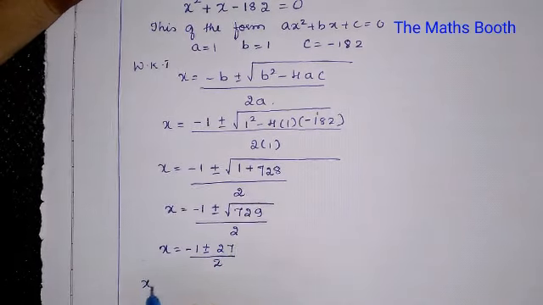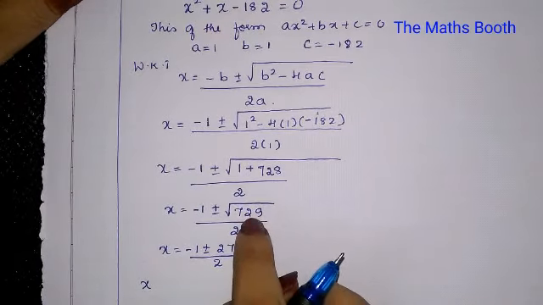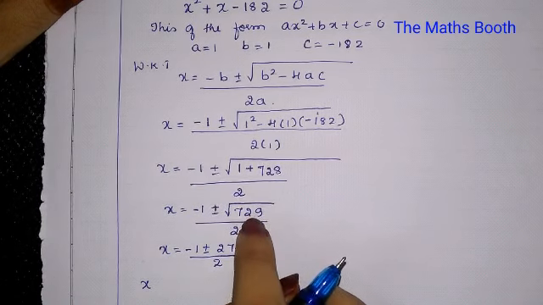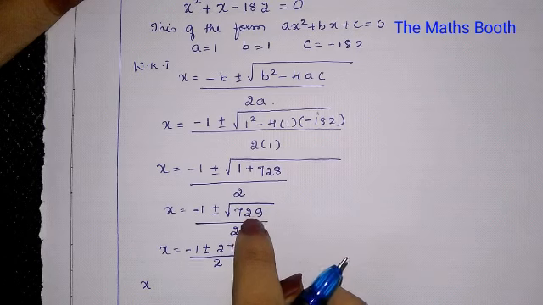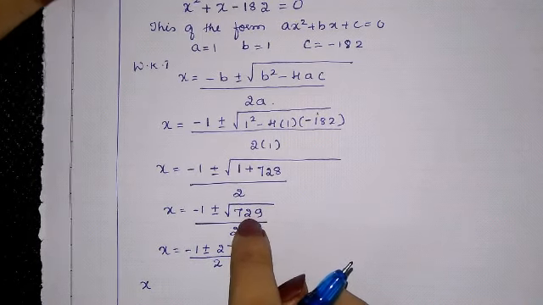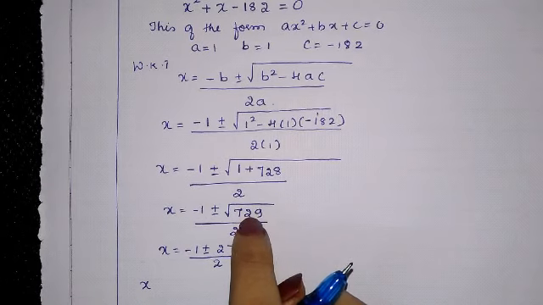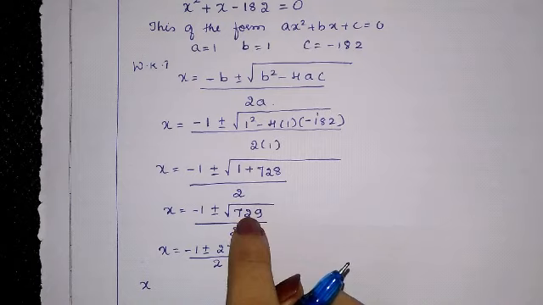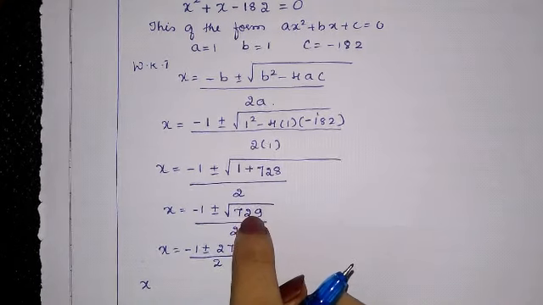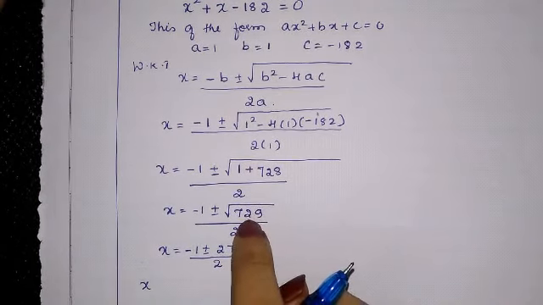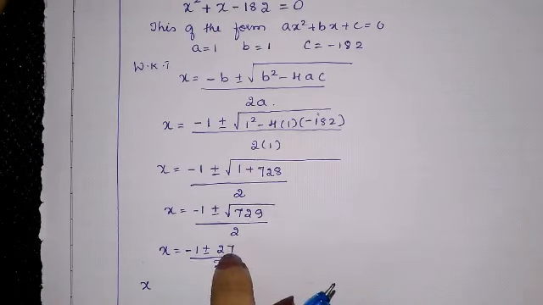If you don't know how to find that 729 is 27, or if you are confused, in my previous video I have already taught how to find the square root. You can refer to that video. If you want, I will put it in the description box. If you know it directly, you can write it directly.